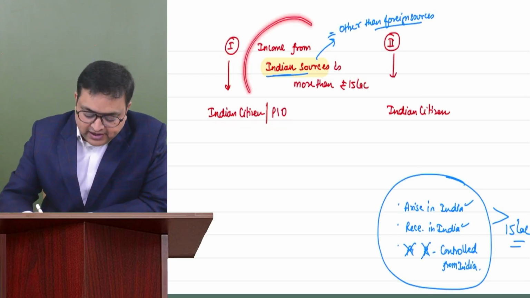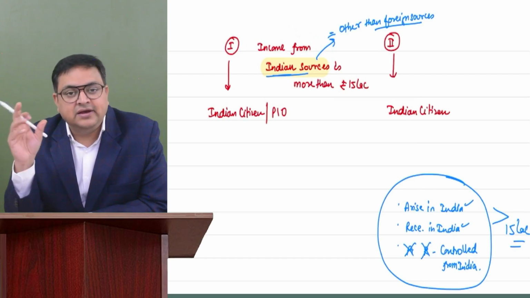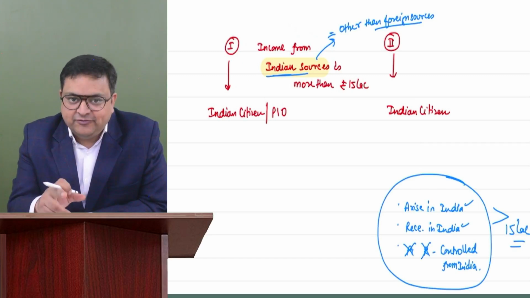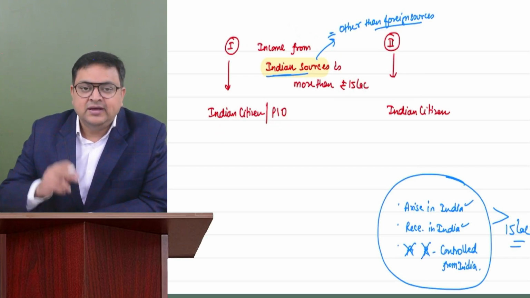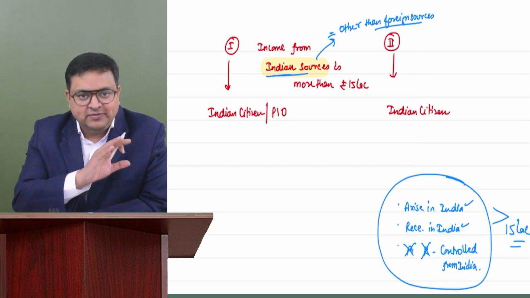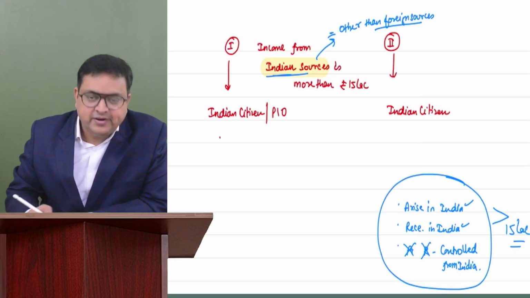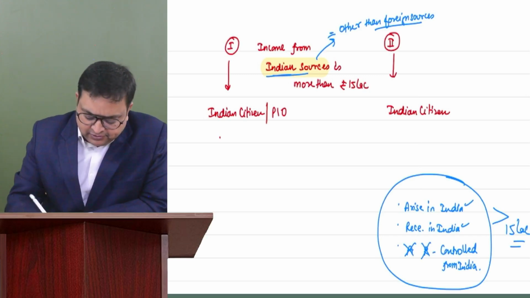So if your income is more than 15 lakh, which income? Not the total income, not any other income. Your Indian sources income, other than foreign sources income, is more than 15 lakh, plus the assessee is an Indian citizen or person of Indian origin, then we will not see those basic conditions. We will see other conditions. Here the basic condition would be changed for him. So what do we have to do?